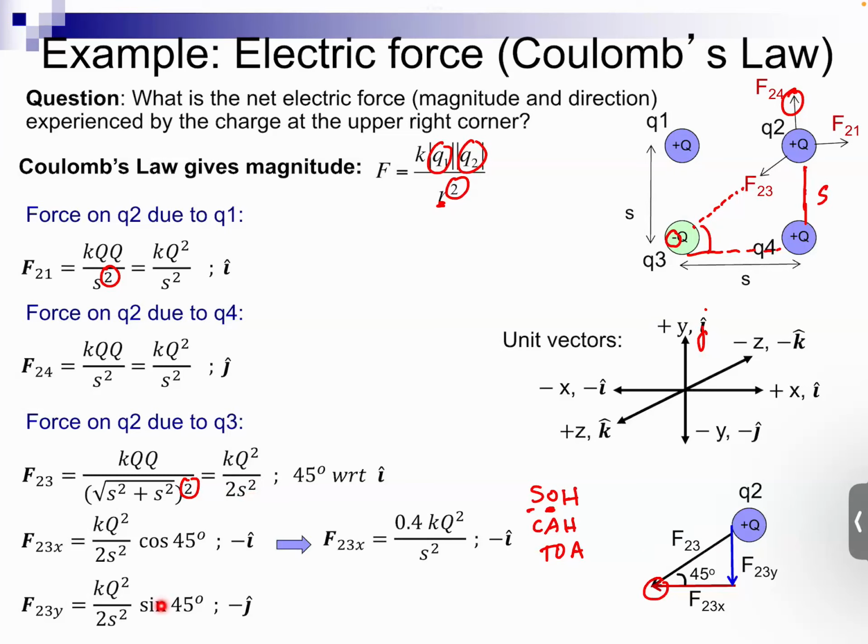Hence you have sine 45 degrees times the force F23, which serves as the hypotenuse. The direction will be the direction of the Y component of the diagonal vector. It's pointing downwards, therefore negative j hat, which we can then simplify. Sine 45 divided by 2 gives you 0.4. So you have now the Y component of the diagonal force F23.